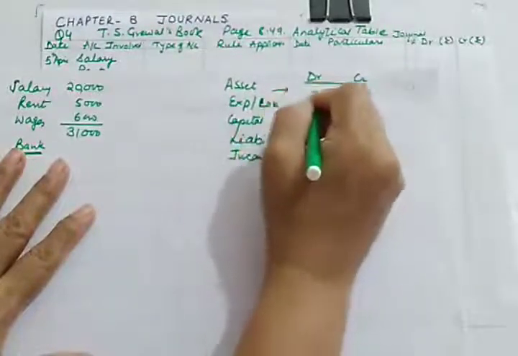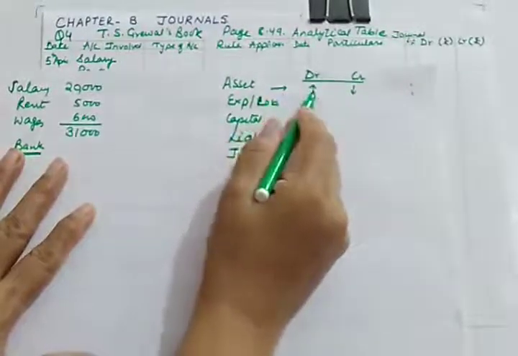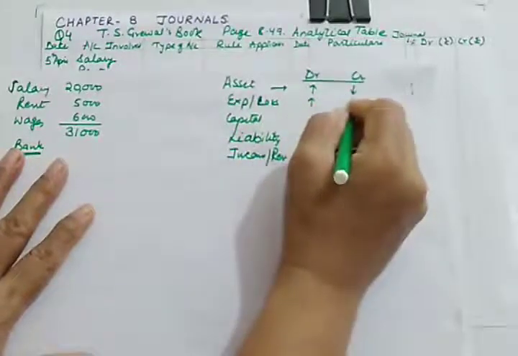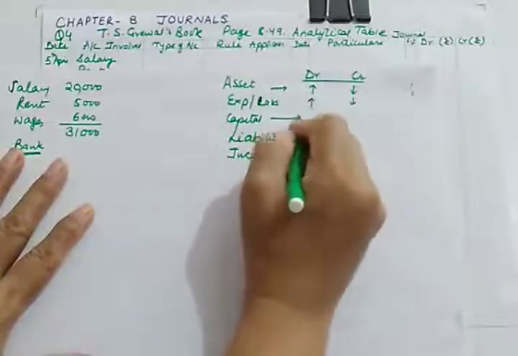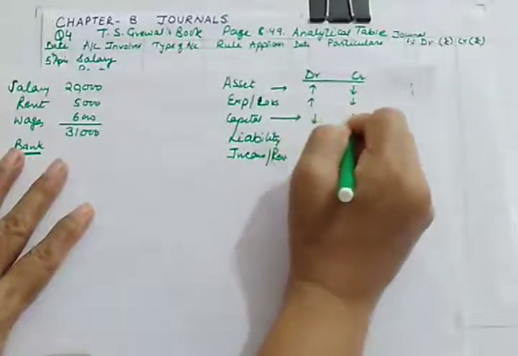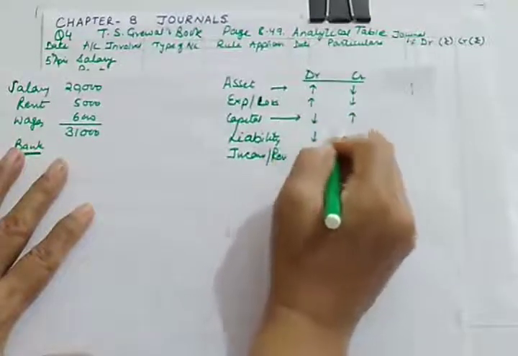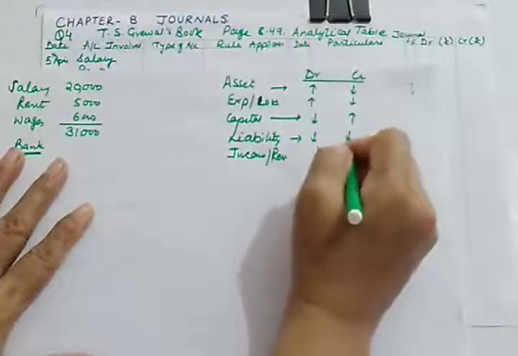So if there is increase in asset it will be debited, if there is increase in expense it will be debited, decrease in expense credit. Likewise opposite rule for capital, increase in capital means credit. Likewise we will be following these rules.